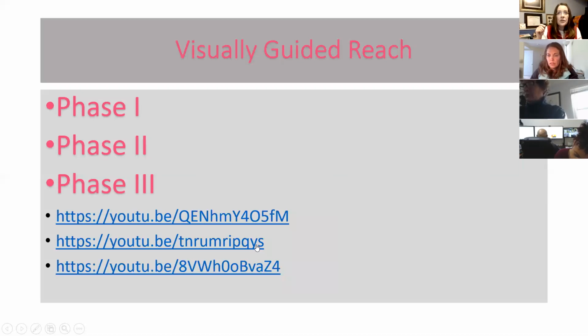In phase 2, we're going to see our students look at it and then maybe look away from it and then put their hand on it and pick it up and look back at it. Or they might look at it, and right before they get it, they turn their head away, so they're no longer looking at it as they're touching it. These are all things for visually guided reach. In phase 3, our students are typically integrating vision and touch, vision and reach, vision and grasp.